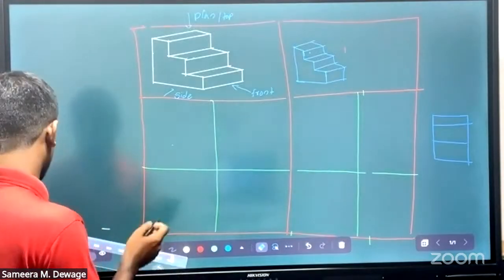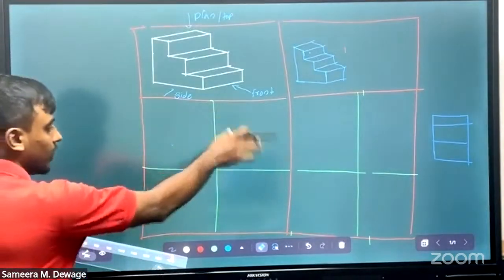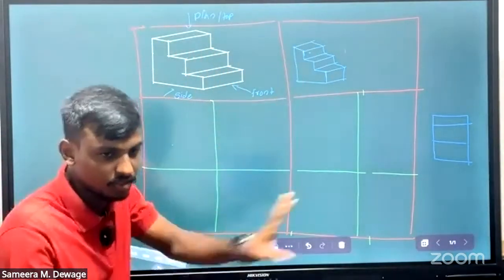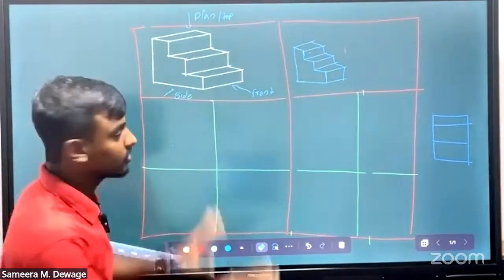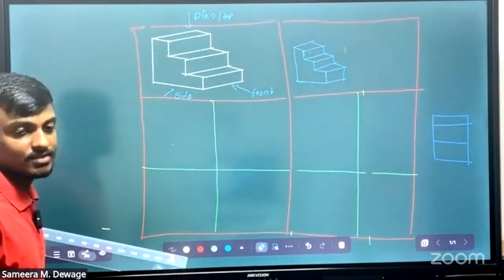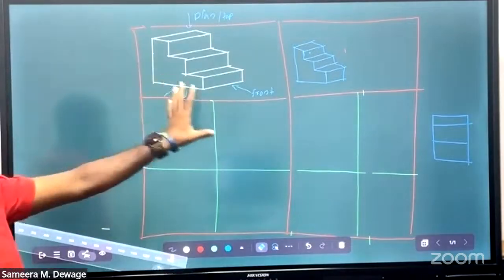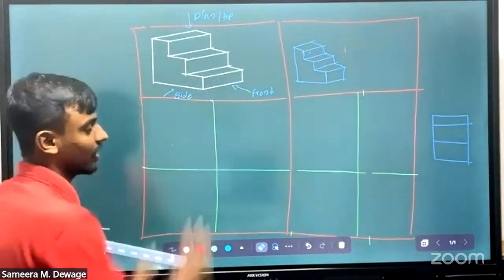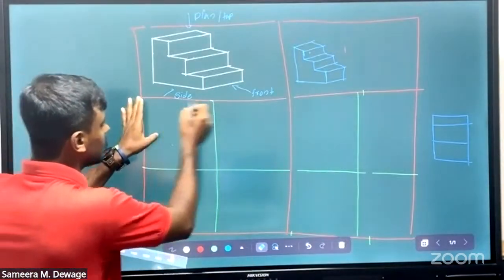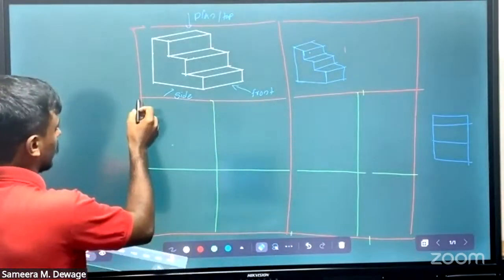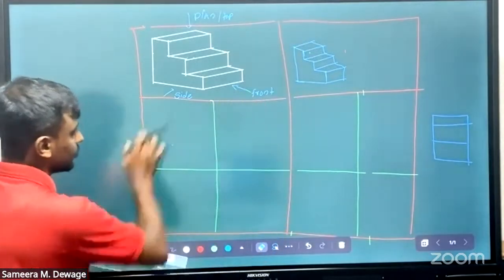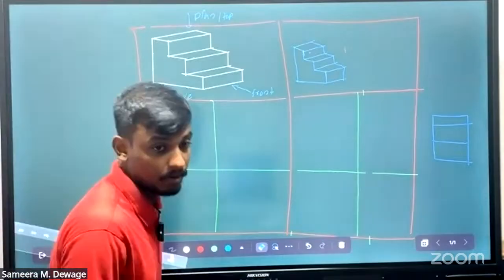Don't think about the parts above. When thinking about the above parts, only think about this, right? Only this part needs to be thought about. Assume this is your graph paper, the red color square shape. This part is your graph paper, right?